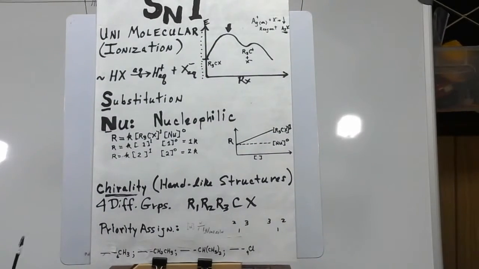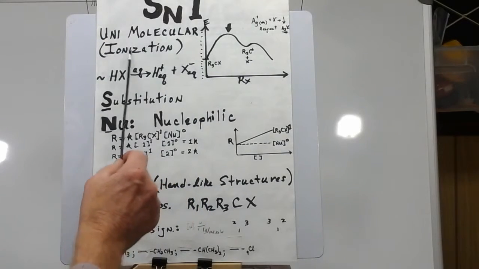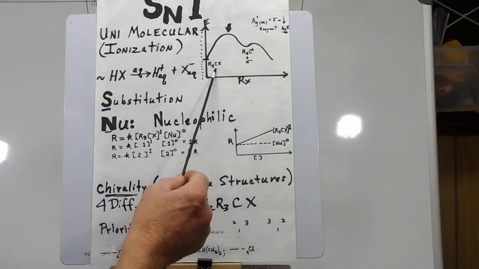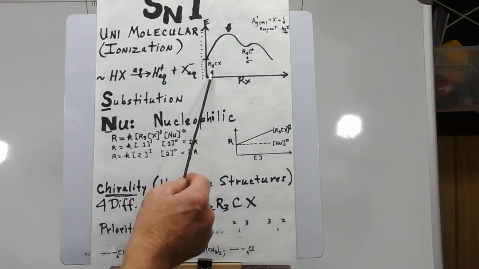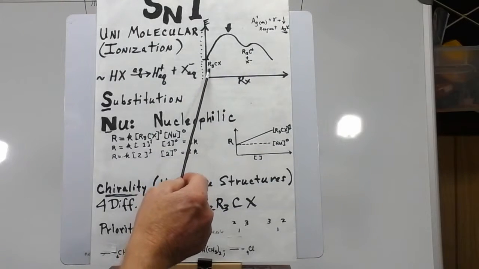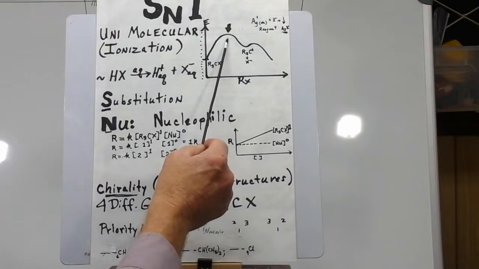So let's look at the SN1 again with this in mind. It's unimolecular. What do we mean by that? It's R3CX, and the solvent removes the leaving group, stabilizes it, and you get a distinct intermediate. But this is the rate determining step.